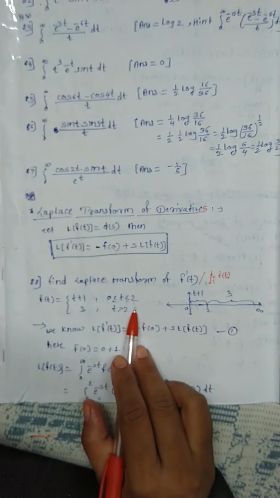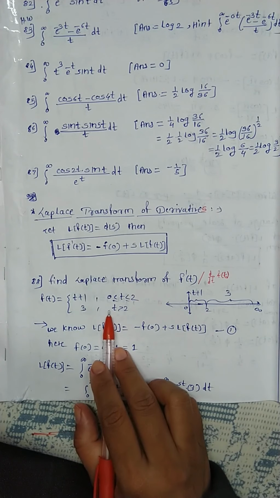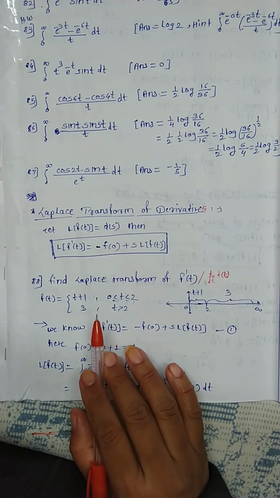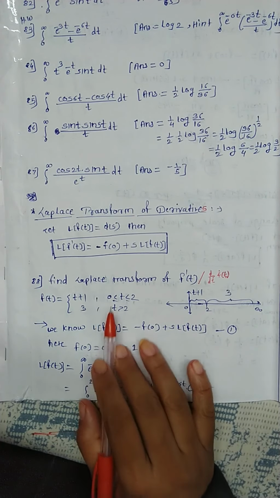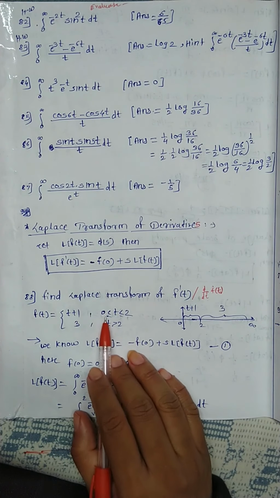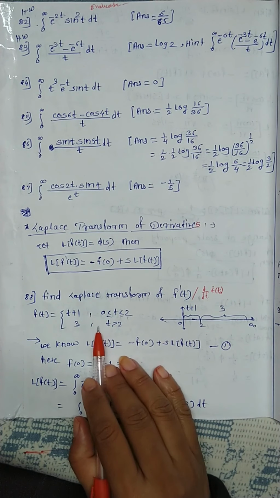In such type of example where the function is given in interval form, we have already seen the unit step function examples. And this is the other, easiest way, where the function's lower limit is 0 and upper limit is infinity.